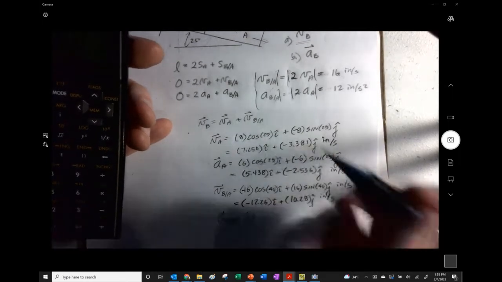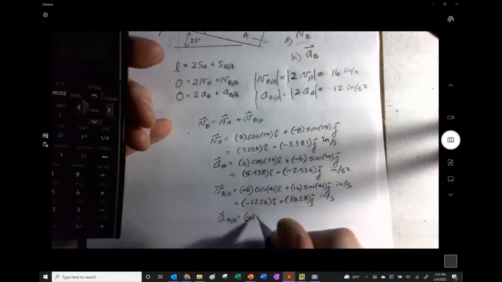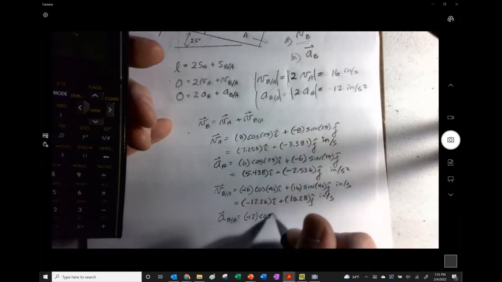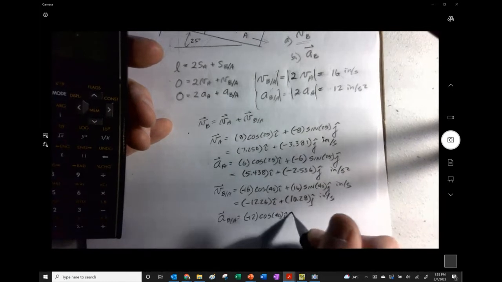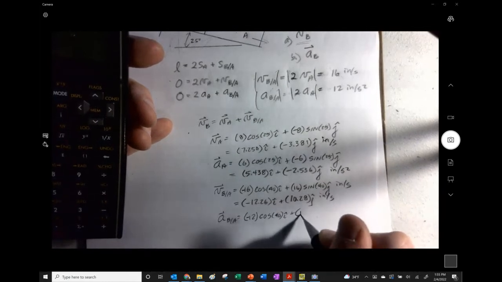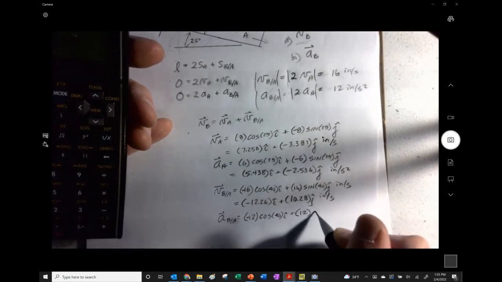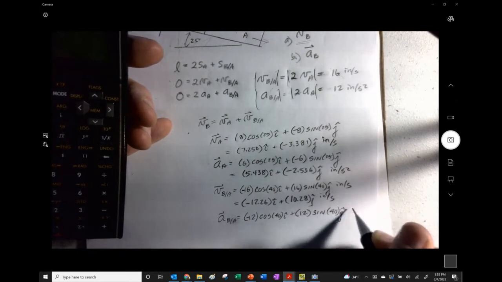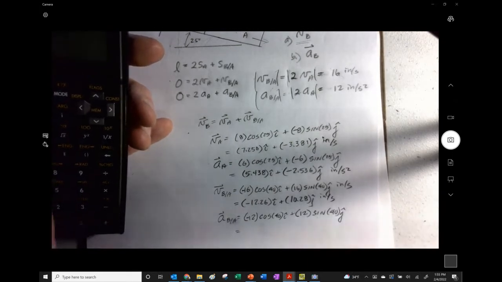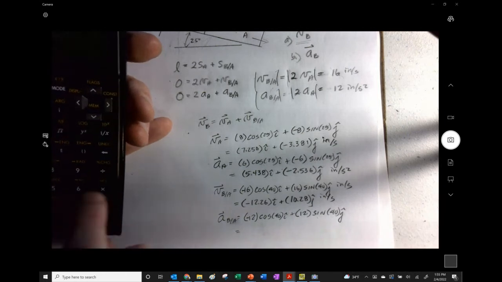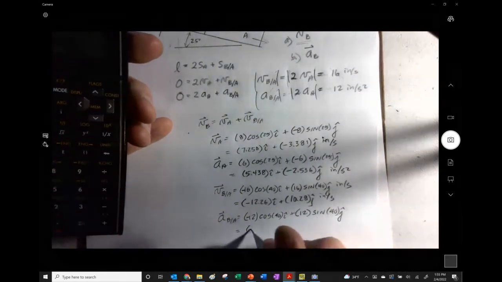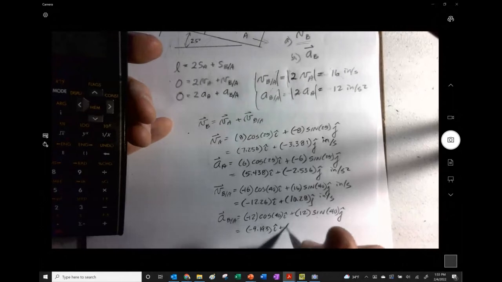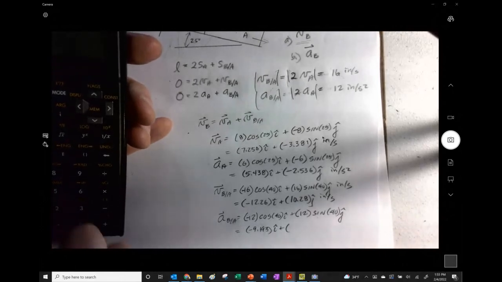It too, I know, inevitably has to go the opposite direction of A, and it's going up. So 12 times 40 cosine times negative 9.193.